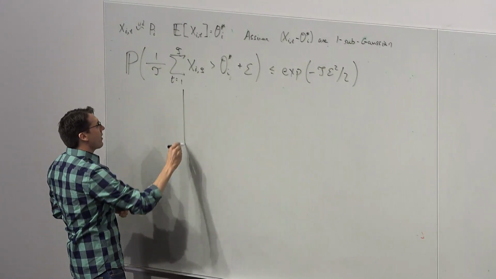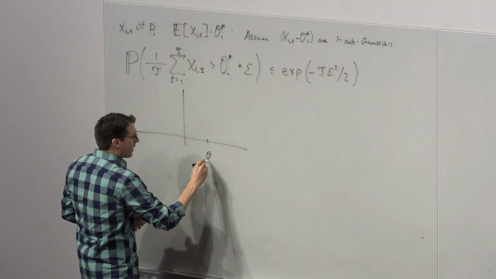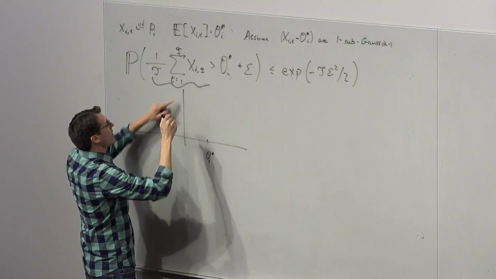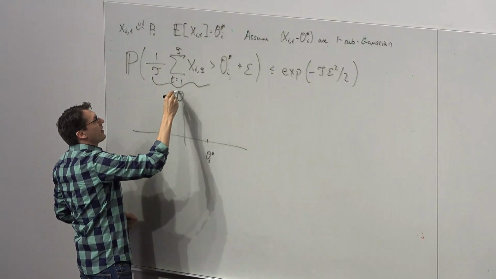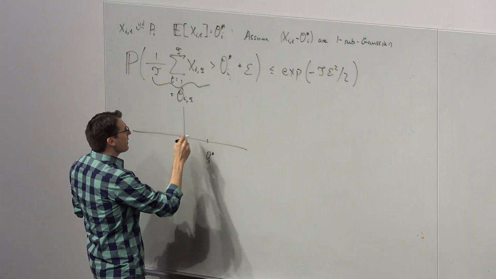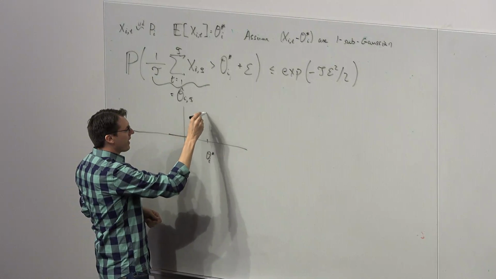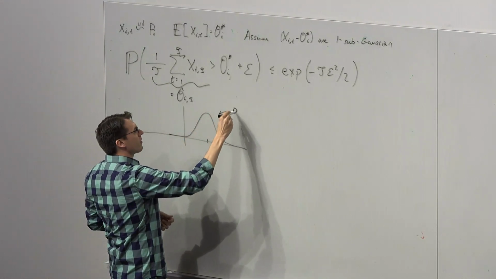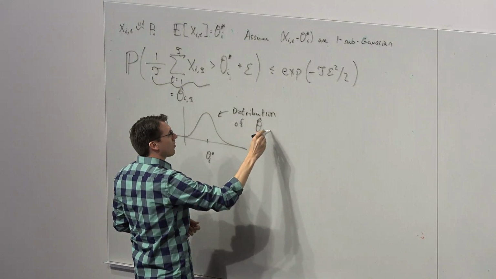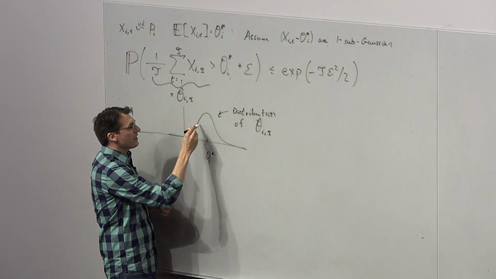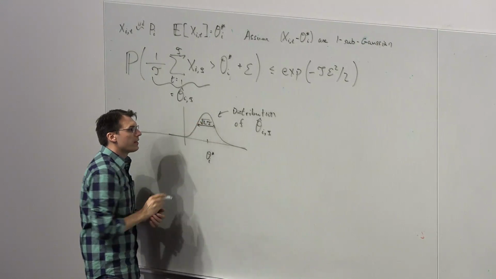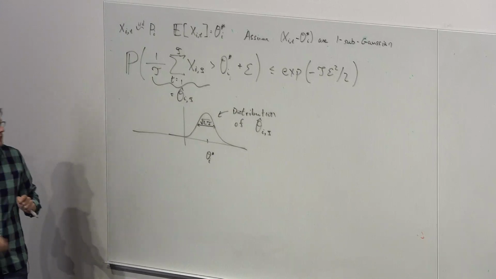Basically, what it's saying is that if this is theta i star, and I take tau samples from it, its empirical mean, which I'm going to denote theta hat i tau, meaning I sampled the ith arm tau times, is distributed looking like a Gaussian distribution, where the width is proportional to square root of 2 over tau.